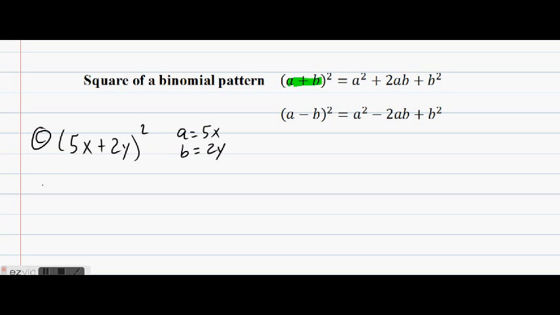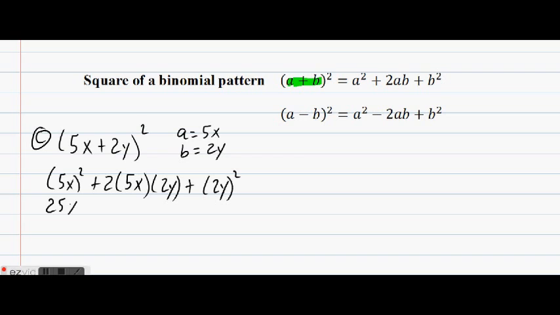It told me a squared, so in parentheses 5x squared, plus 2 times whatever a is, 5x, whatever b is, 2y, plus whatever b is, 2y squared. Notice anytime I'm substituting, I'm putting in parentheses. I'm trying not to make any mistakes.